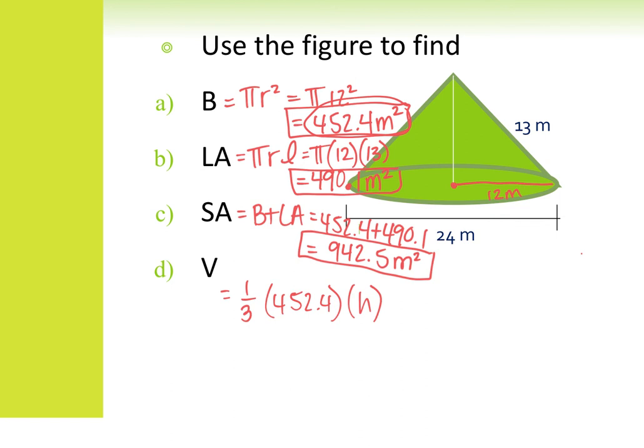Jaden? 12 squared plus h squared. Good. I'm going to change it to h squared. It's going to be 144 plus h squared equals 169. 169 minus 144. Take the square root. You should get h equals 5.